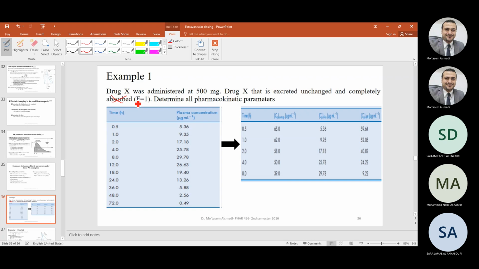Completely absorbed means that F absorbed is equal to 1, right? But this is completely bioavailable, so replace absorbed by bioavailable. That means that bioavailability is equal to 100%. But completely absorbed means that F absorbed only is equal to 1, not the net multiplication of the 3 parameters.